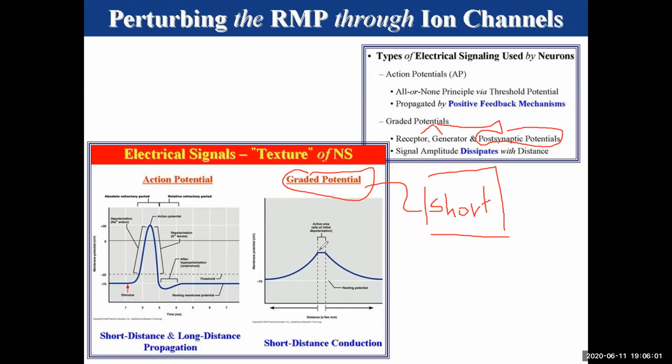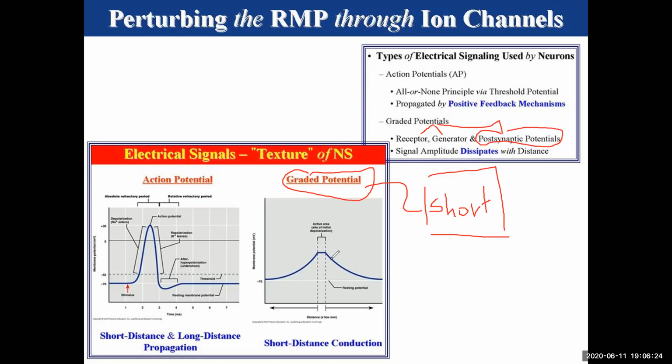So when it is being generated at its location, let's say on a dendrite of a neuron or the cell body of a neuron, and it starts to spread out, if it's at the dendrite, it's going to travel toward the axon hillock of a neuron. It has to go there.